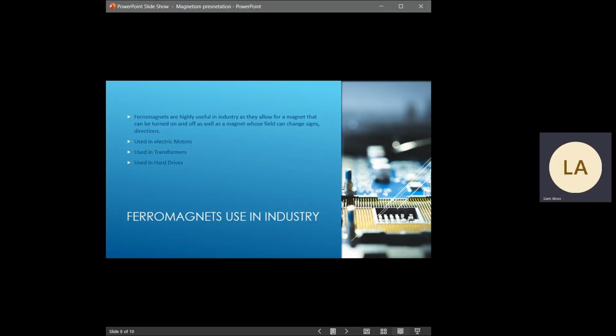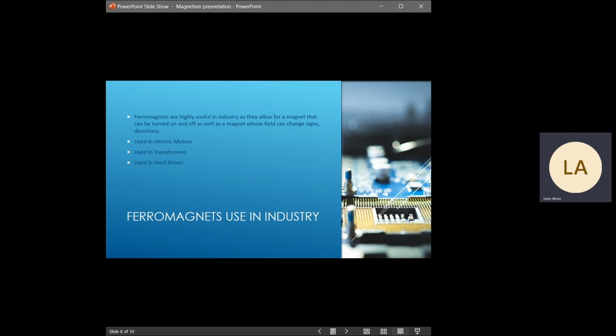In industry, ferromagnetics are highly useful as they allow for a magnet that can be turned off and on, as well as a magnet whose field can change signs. Ferromagnets are regularly used in electric motors, golf carts, for example. They are also, more importantly, used in transformers, which are essential in the transport of energy via power lines to our infrastructure.